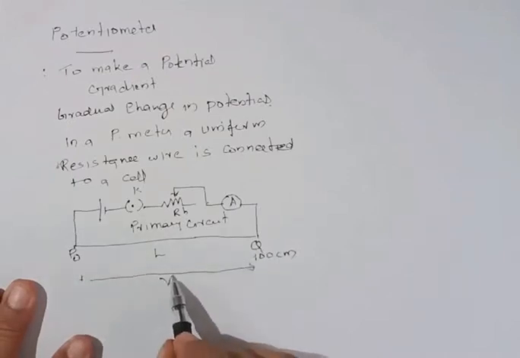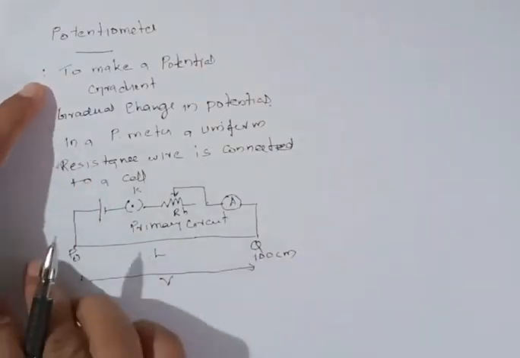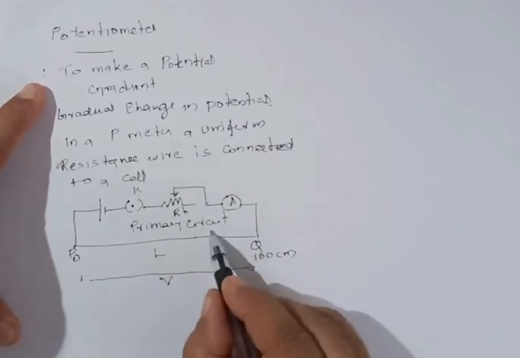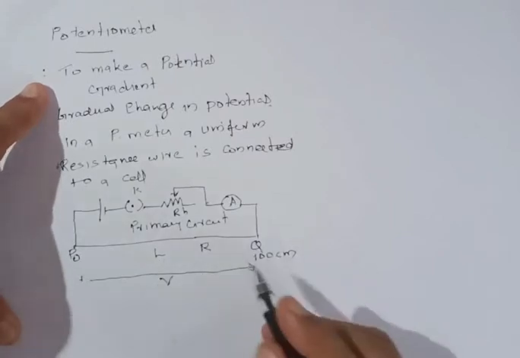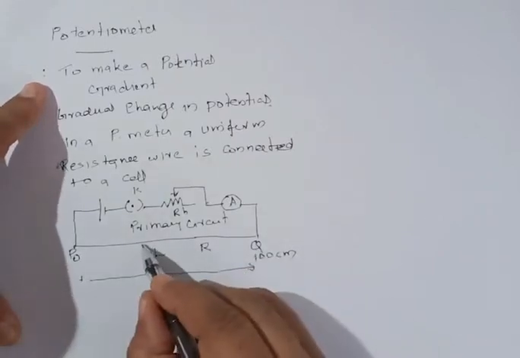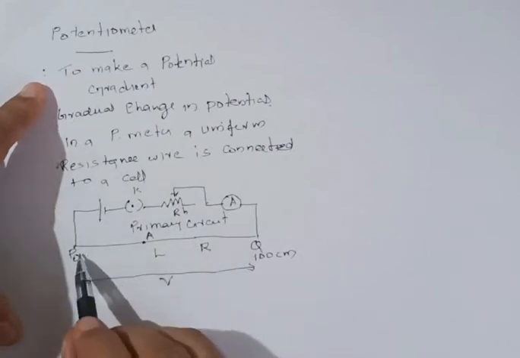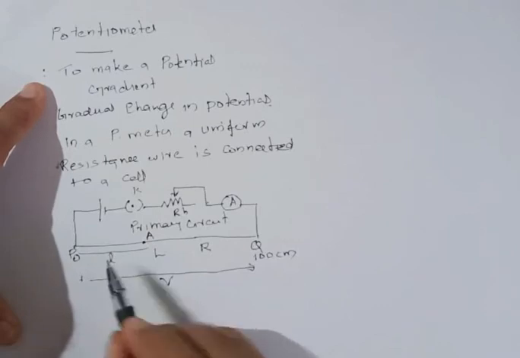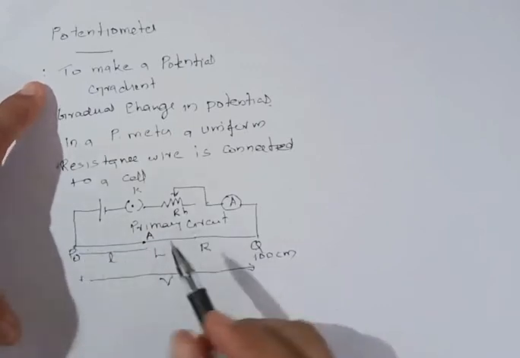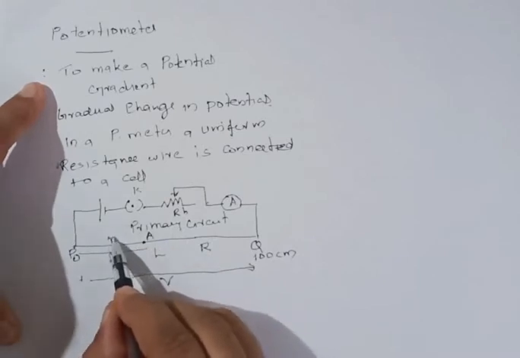The potential difference, we will write it as V. Now let us assume that the resistance of the whole potentiometer wire is R. Now, take any point in between P and Q, let us call this point A. Let us assume that from P to A, the distance is small l, and the resistance of this segment of the potentiometer wire, let us consider this as small letter r.